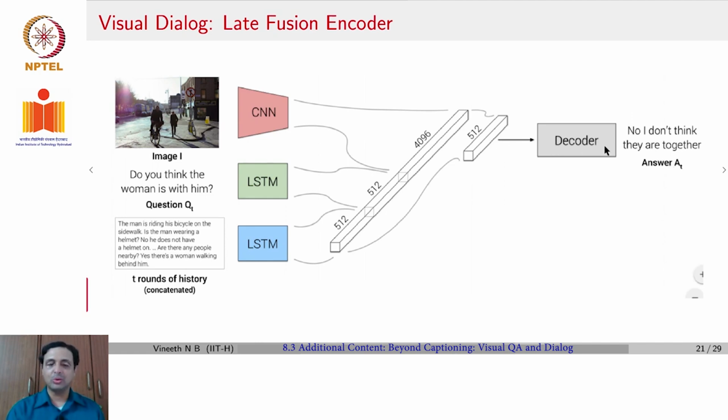We will talk about decoders in a moment, but at this point we are discussing the encoders of models that are used for visual dialogue. This is one kind of a model known as the late fusion encoder.